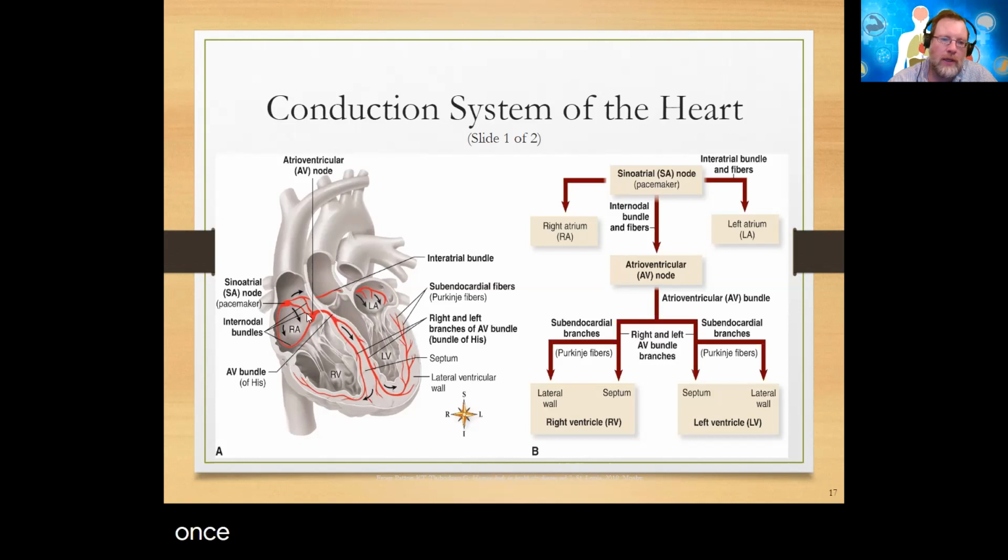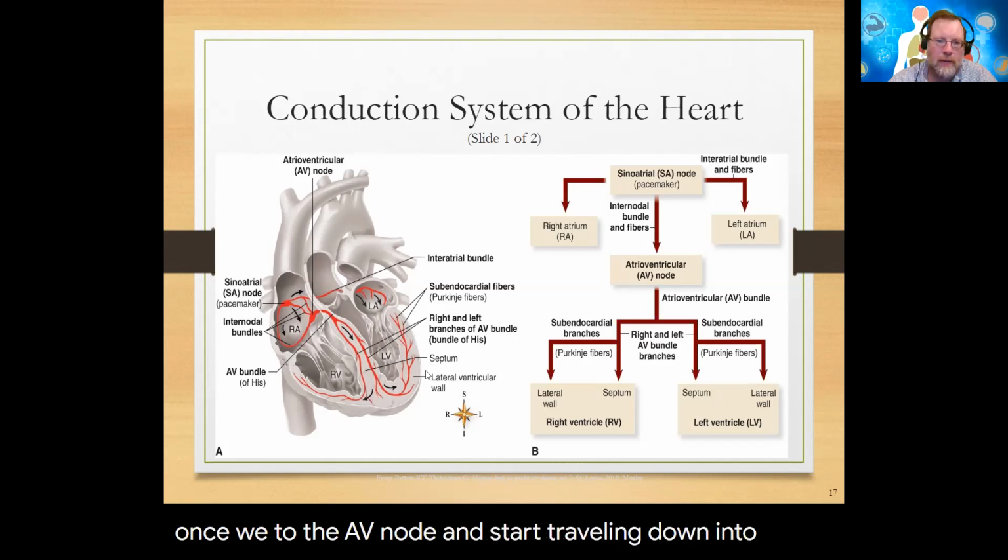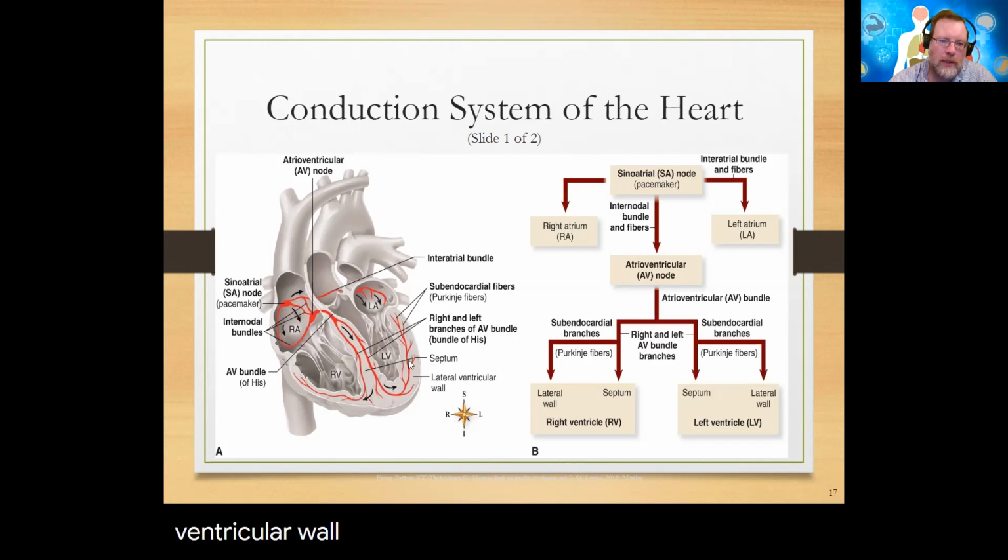And then once we get to the AV node and start traveling down into the ventricular walls, we can see these Purkinje fibers that can perpetuate the action potential that was initiated up here. And ultimately, we're going to be able to encourage and enable this cardiac muscle wall of the ventricles to contract and eject blood out of the heart.